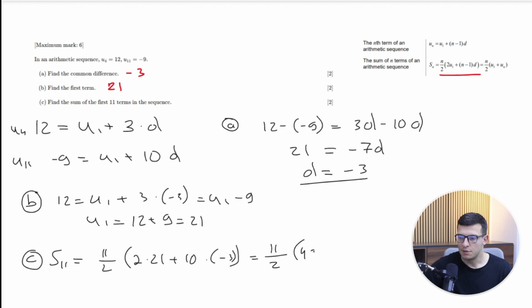This is going to be 42 minus 30, and that is going to be equal to 11 over 2 times 12. Good, 12 and 2 will cancel out. So 11 times 6, and that's going to be 66. So the answer for C is going to be 66.